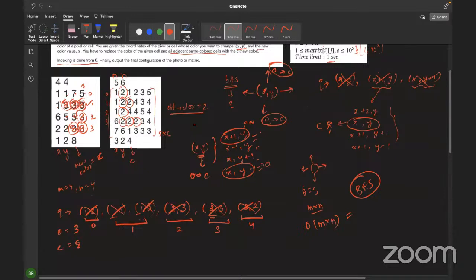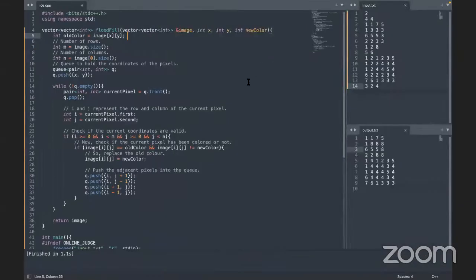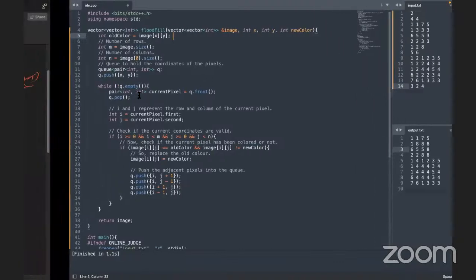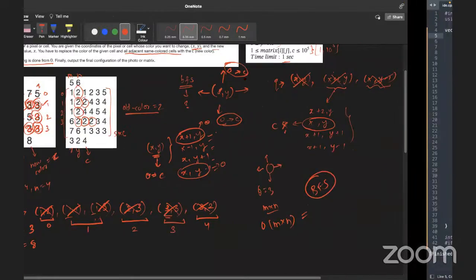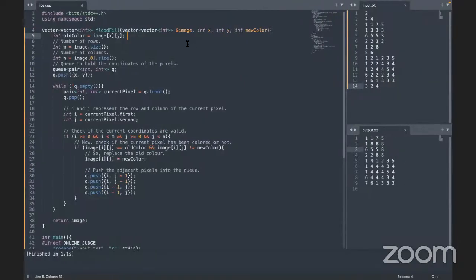Obviously the iterations would be fewer because we're looking at 8 adjacent cells, but we still apply BFS, and the flood fill algorithm will remain the same. Just that we need to look at 8 adjacent cells instead of 4 adjacent cells. I hope this is clear.